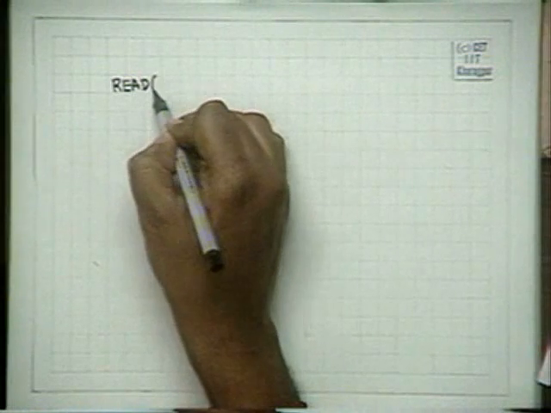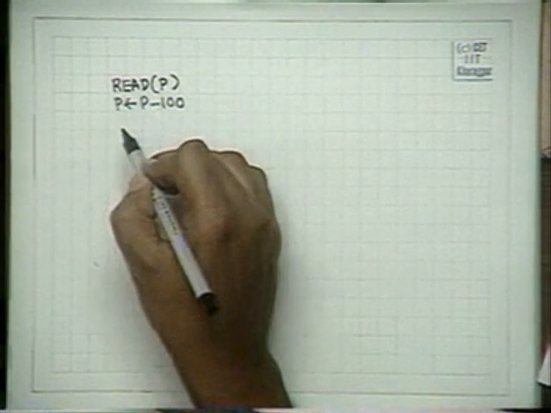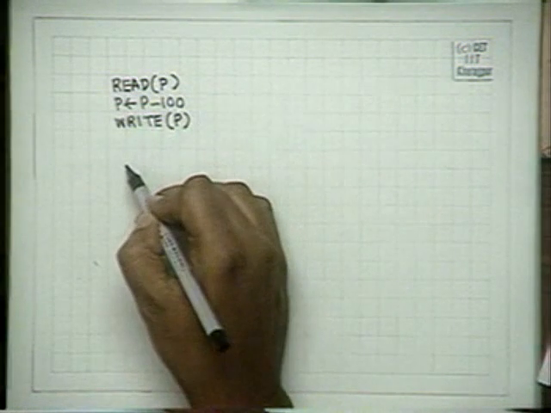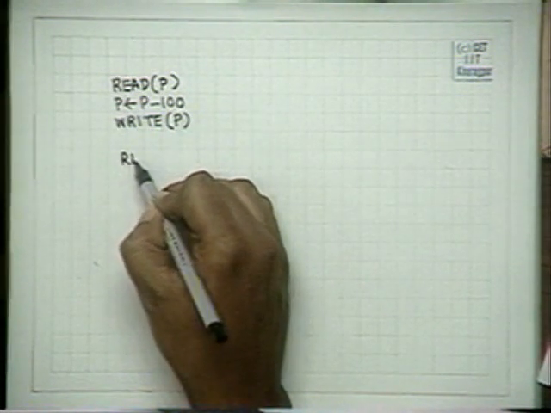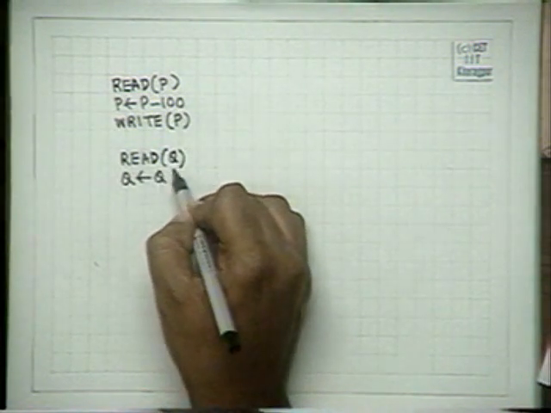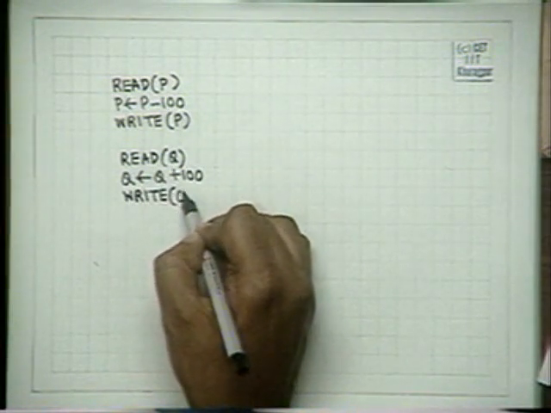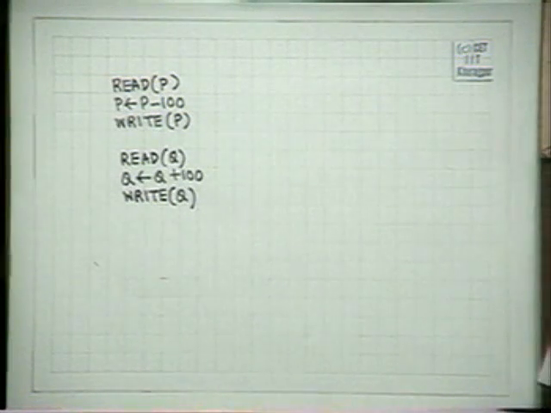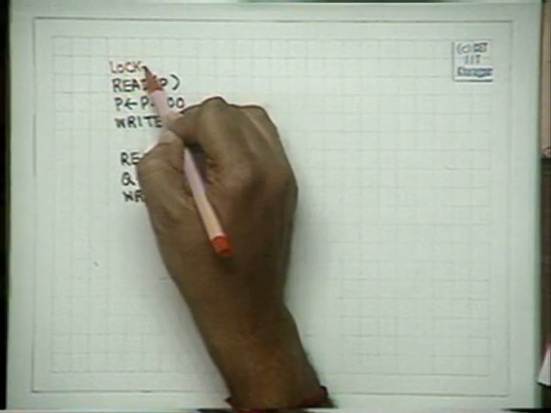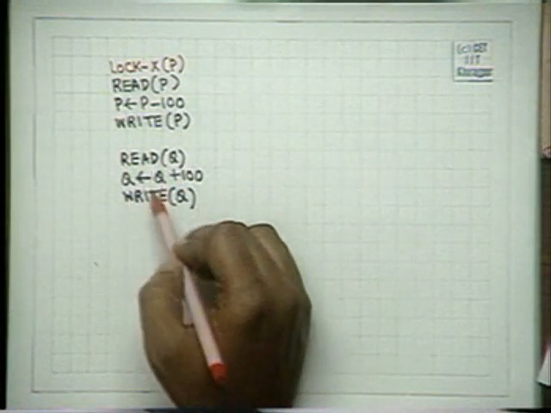We had read P, then we had read Q, and write Q. The two-phase locking protocol will say that here you will lock X P, and here you will not unlock P because you have to acquire another lock.